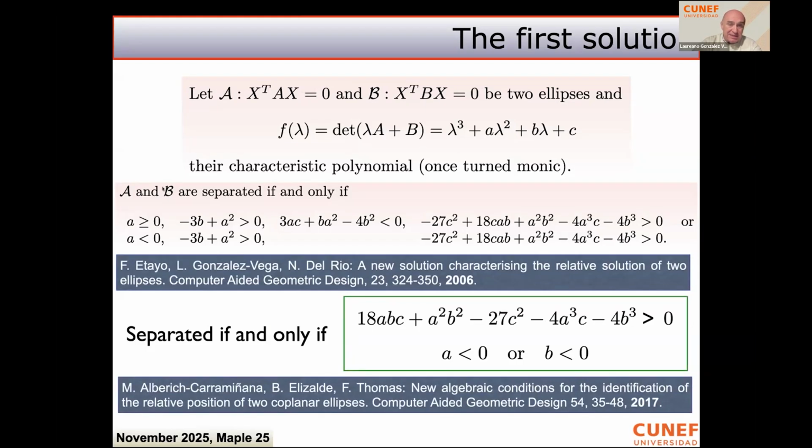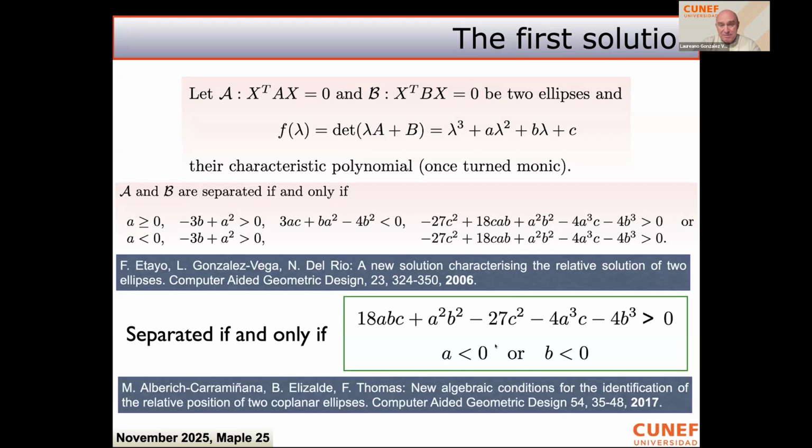The two ellipses are separated if and only if these conditions, these 4 sign polynomial equations or these 3 sign polynomial equations, are verified. Do not forget that in this case, A, B, and C are rational functions in terms of the entries of the matrices A and B. This was simplified and improved later, getting that these conditions are equivalent to those here.